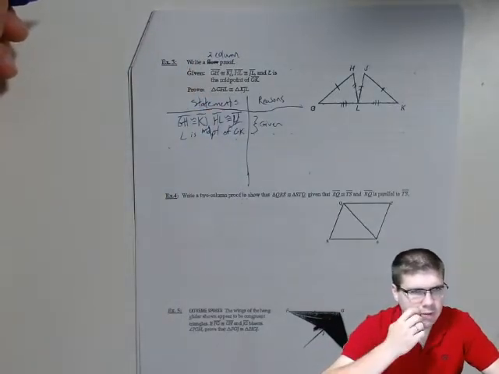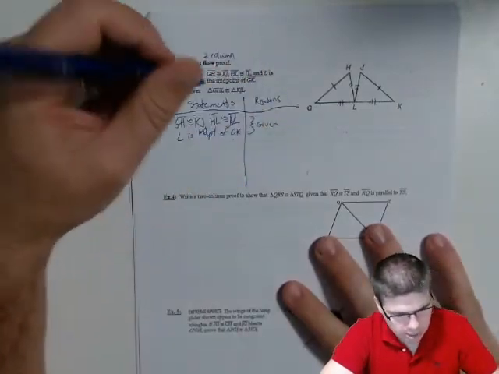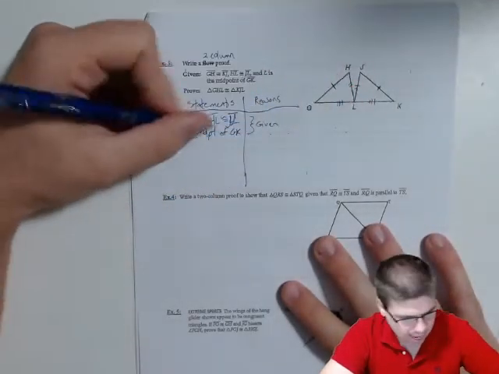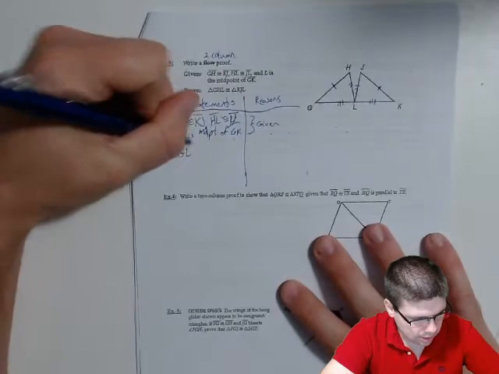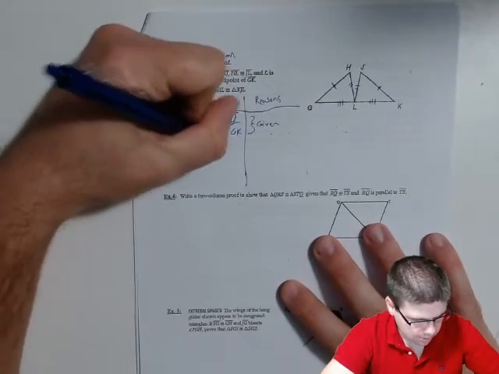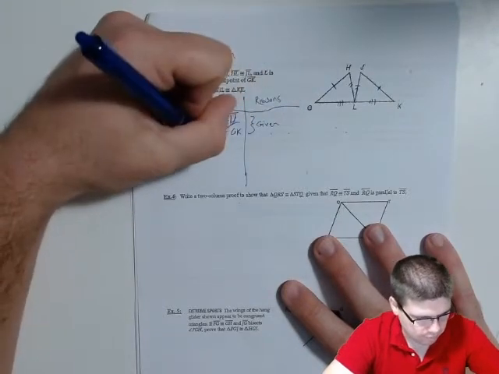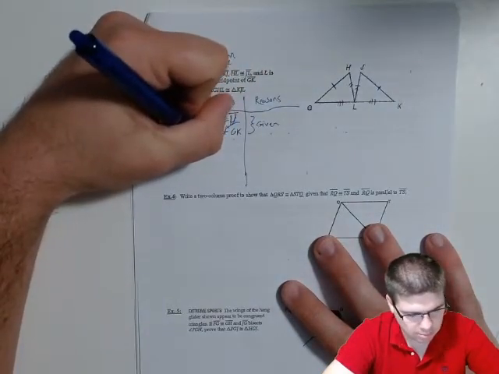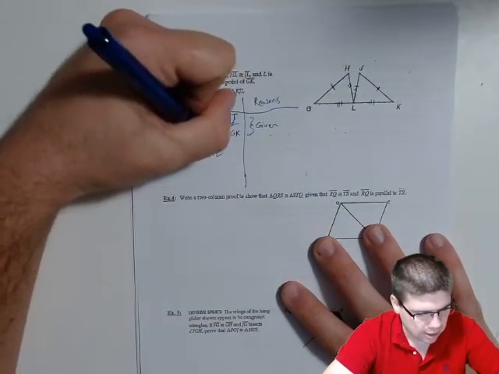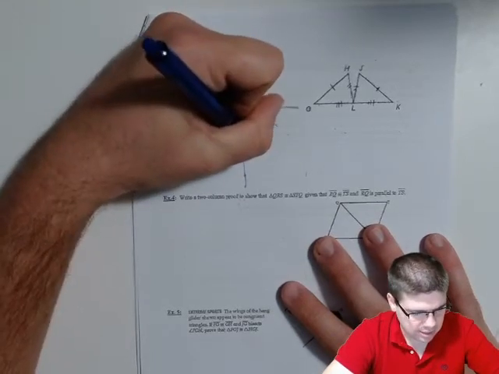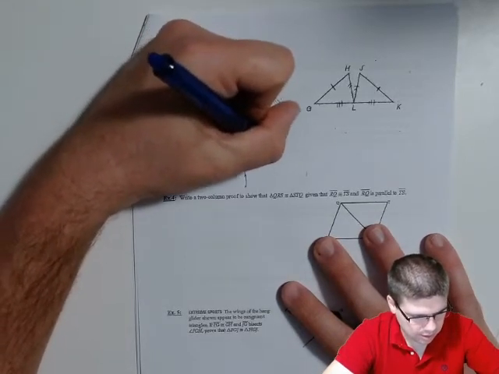All right, so we got our given down. So then we can say that segment GL is congruent to segment KL. I'm going to go KL just to kind of match the matching components, but it doesn't really matter. And that is the definition of midpoint.